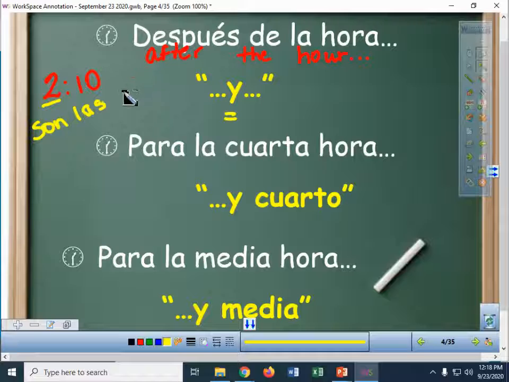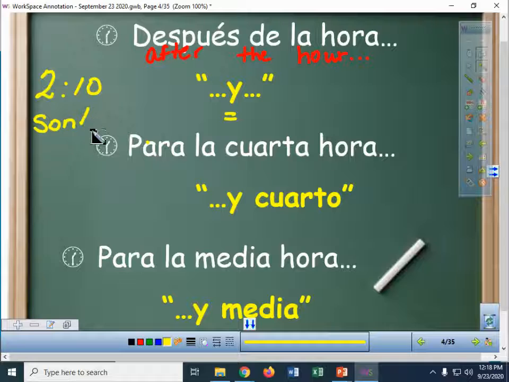And what's 2 in Spanish? So I am going to write the time 2:10. So I have to start with it is 2:10. So I will pick son because remember son las is used for numbers 2 to 12.